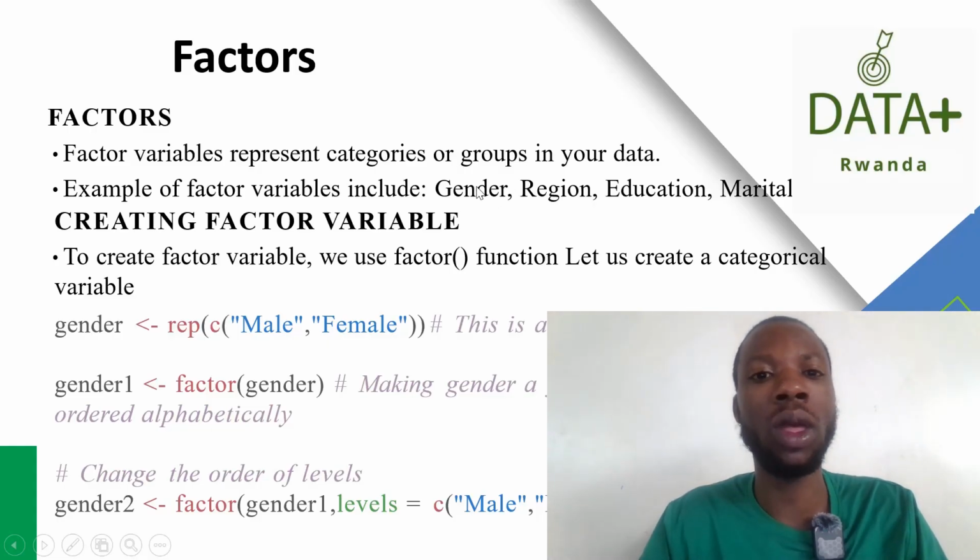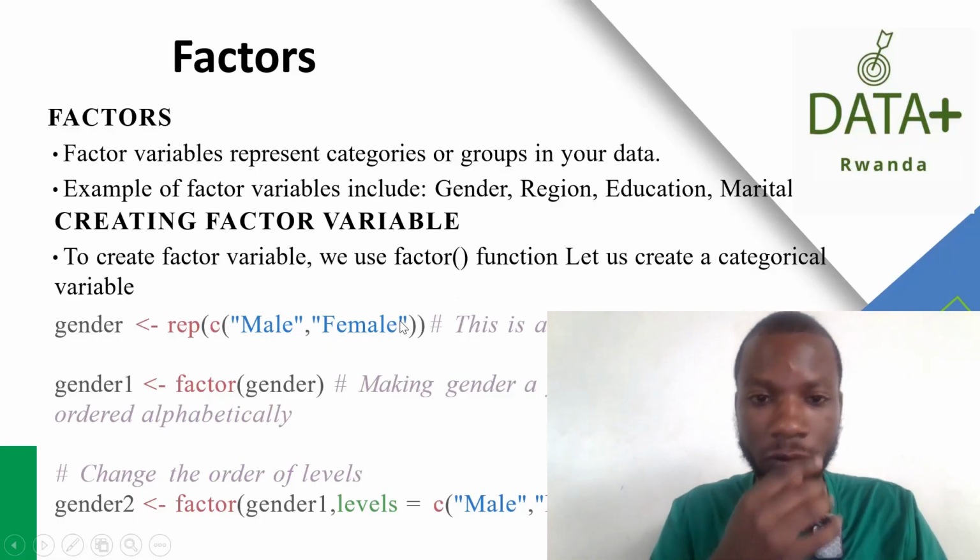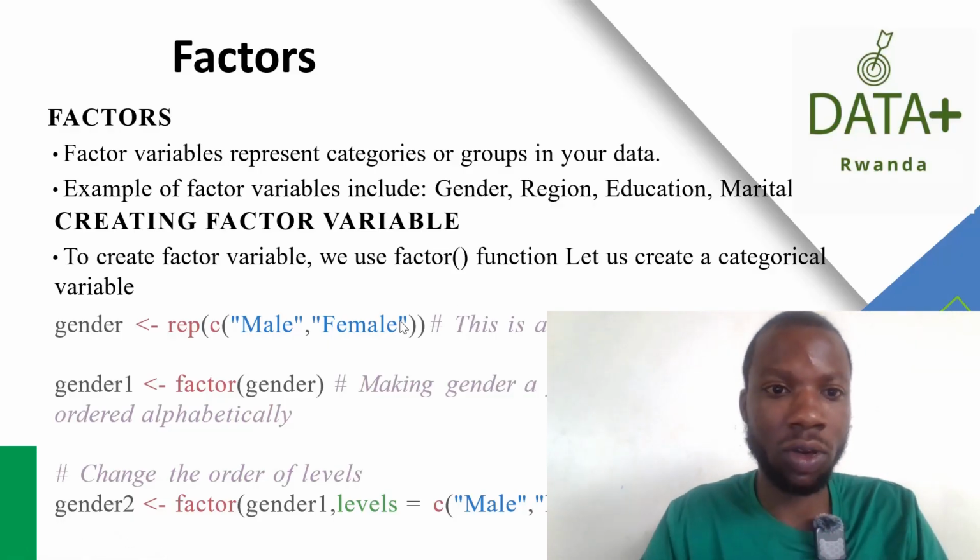At that time, instead of having male and female, we take 1 to represent male and 2 to represent female. From those kinds of situations, we will also need to make the factor. So we are trying to show you how we can create it.